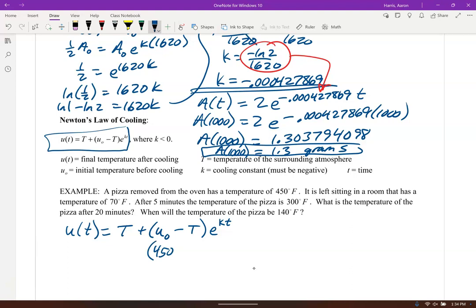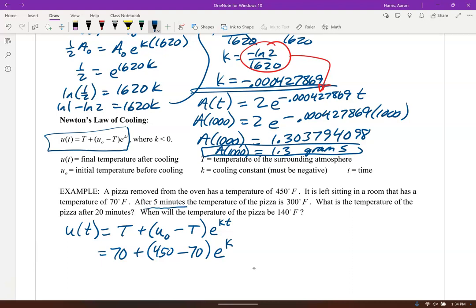Now it's left in a room that has a temperature of 70 degrees. So that's the temperature of the surrounding medium, the capital T. Now we're going to have to solve for K here, but they give us some more information.